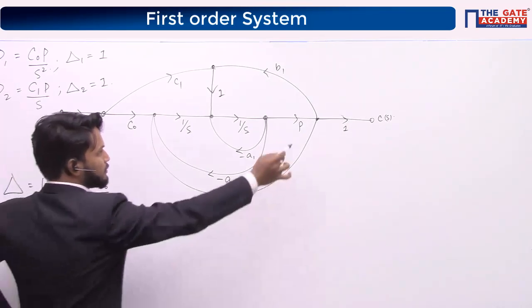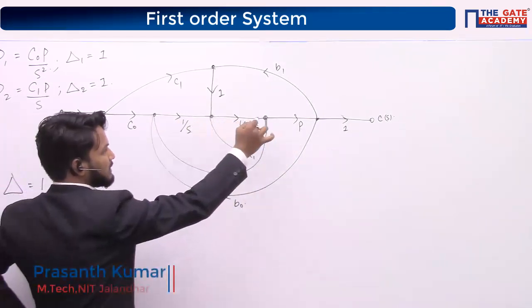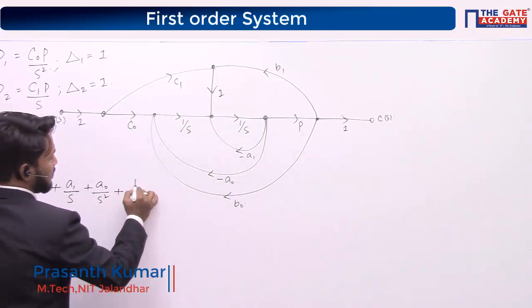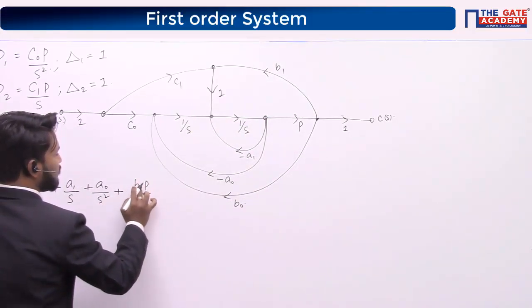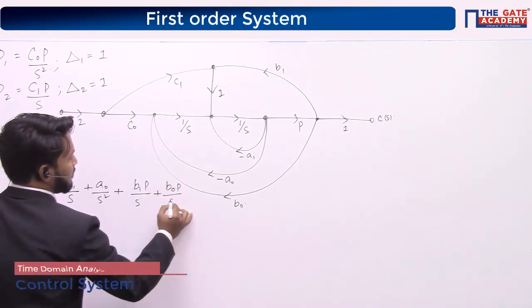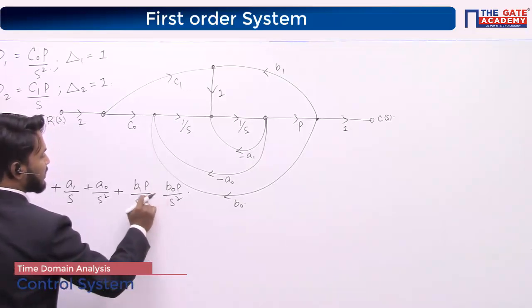So what about the next loops? It is B0 into 1 by S into 1 by S into P, right? So it is B1 P by S plus B0 P by S square. Not plus, sorry, we are subtracting this.